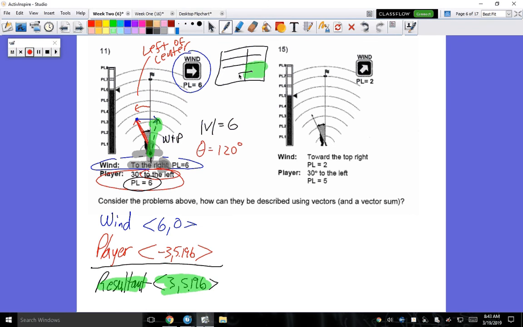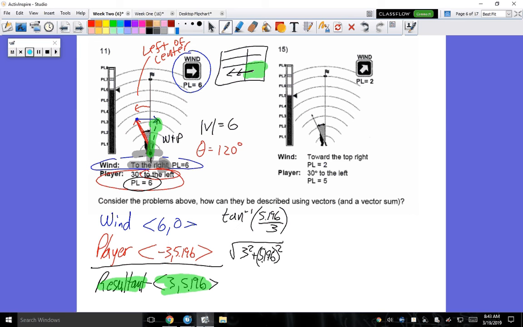Now, to go backwards to find the directional angle, we'll say the arctangent of 5.196 over 3. And then to find the magnitude, we're just going to do the square root of 3 squared plus 5.196 squared, and then see what we get as far as the magnitude is concerned.